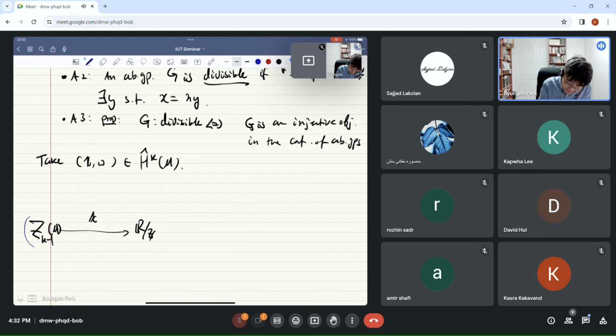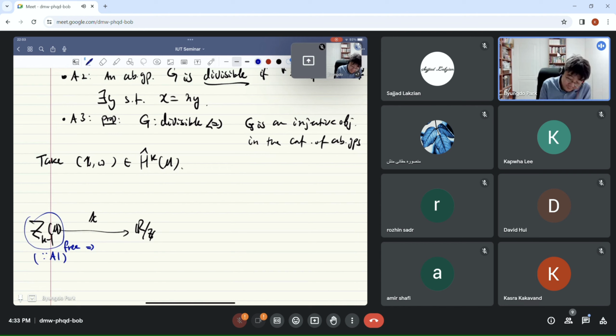We note that this is a subgroup of the degree k minus 1 chain group, right? So what is a chain group? It is a group generated by maps from k minus 1 simplices into M. So by A1, this is free, and this is an undergraduate or graduate level algebra fact that often appears in qualifying exams.